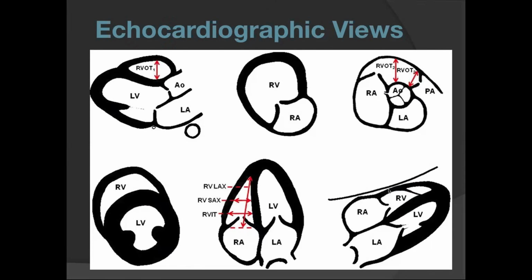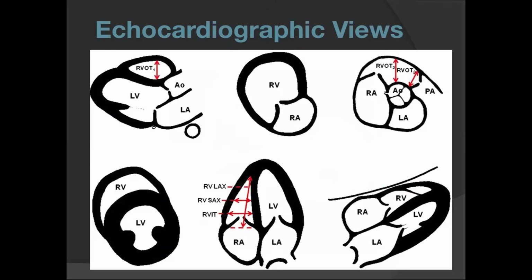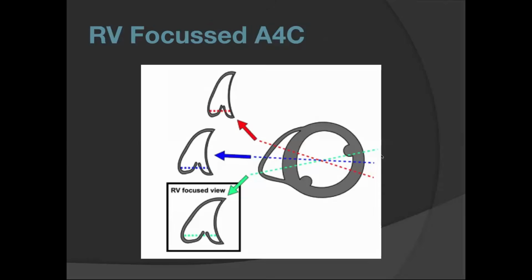Zoomed view at this level, and we should report RV thickness in terms of millimeters exactly at this location so that we have standardized reporting and not just somebody measuring somewhere else, somebody measuring somewhere else, getting discrepant values. So this is an important view for RV hypertrophy, RV thickness measurement.